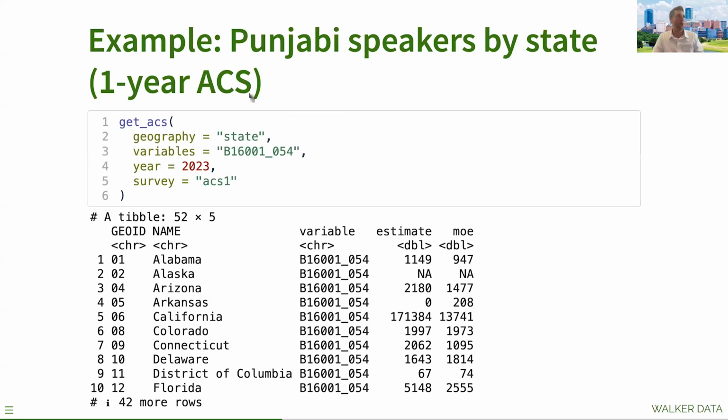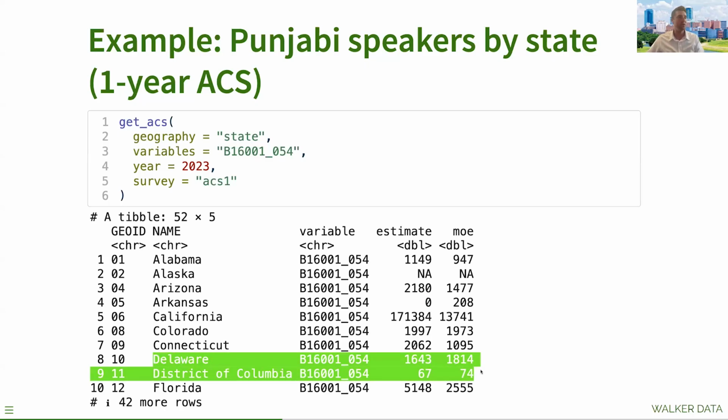So we could take a look at this for a very small population group, Punjabi speakers by state. We can pull this from the 1 year ACS and you'll notice some data sparsity. So Alaska, we get NA, and so that's just missing data. That value has been suppressed. For Arkansas, we get 0 with a margin of error of 208. In other cases, the estimates are so small, such as for Delaware and the District of Columbia, that the margin of error actually exceeds the estimate.